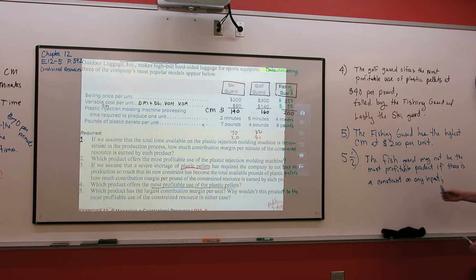Now this is a little bit hard to understand. The fishing guard may not be the most profitable product if there is a constraint on any input.